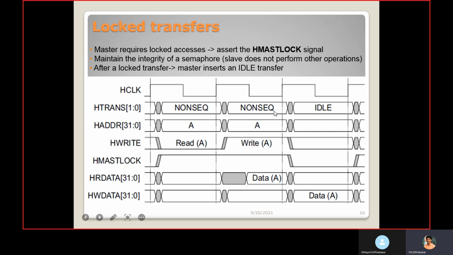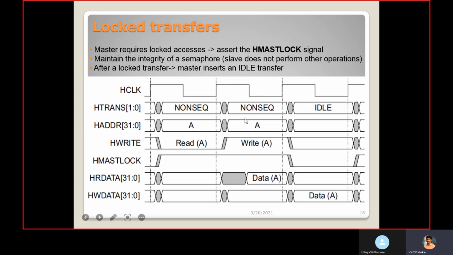Because it starts with non-sequential. Non-sequential means a new sequence is created. If it were sequential instead, that would mean it is a continuation of the previous transfer. If it starts with non-sequential, a new transfer is introduced.